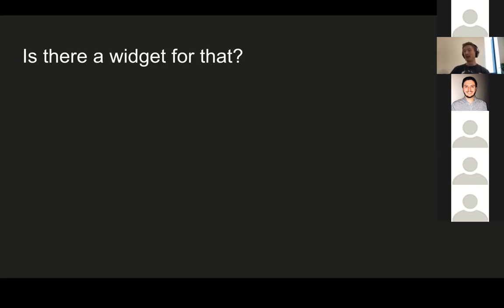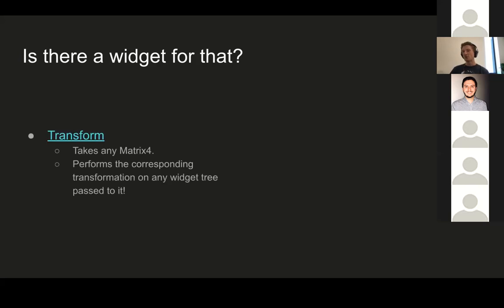But back then, when I was looking through the widget catalog to see what kind of things I could use, I ran into a few widgets that were pretty close, that would get me partially there. Transform was one of them. It's a niche layout widget. It takes a child, so any widget, as you're familiar with, you can pass any widget tree as a child to any other widget in Flutter for the most part.